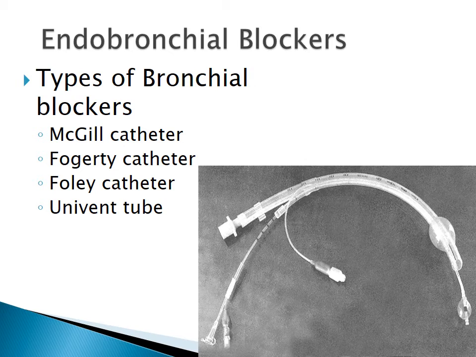So when you intubate the patient with a regular ETT, you put the tube into place, you put your bronchoscope down to the end, you're looking at the carina, now you take this blocker and you move it forward, you get it into the right or left main stem, you inflate the balloon, now you've secured or blocked whichever lung you're trying to block. Okay, that makes sense. But you're not going to see these a ton.